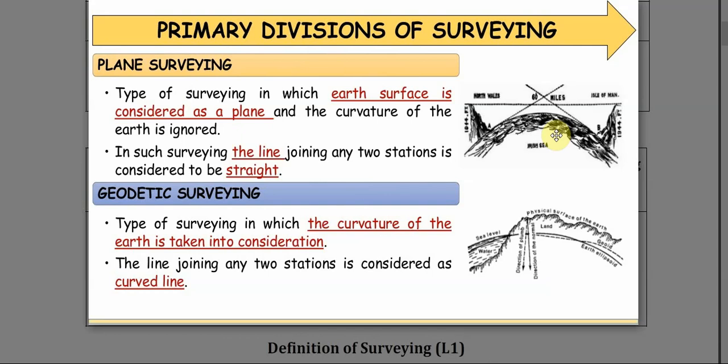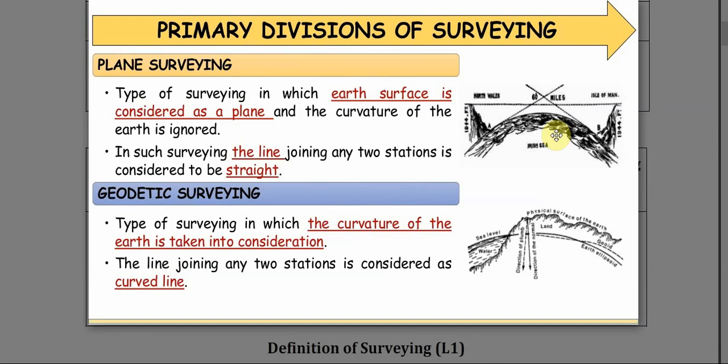So that's why all the surveying lines in plane surveying are straight, and all the surveying lines in geodetic surveying are curved because the surface of the Earth is not flat; it is curved. But the assumption that surveying lines are straight holds good if the area of survey is small, such as the college ground, the ground in our college.